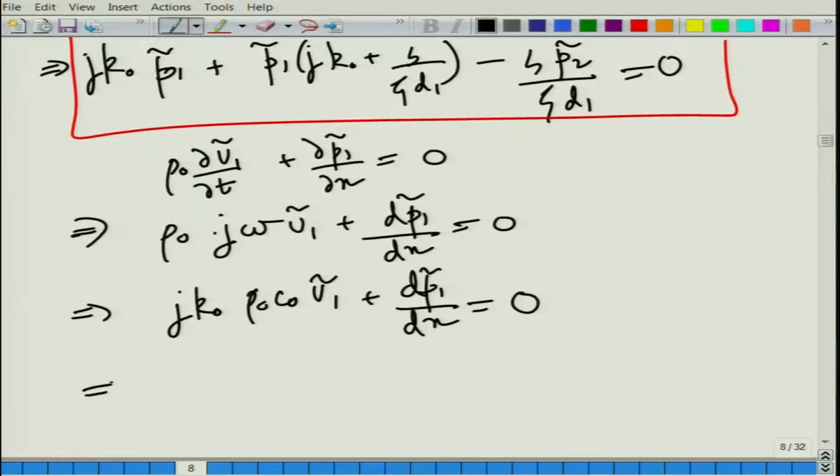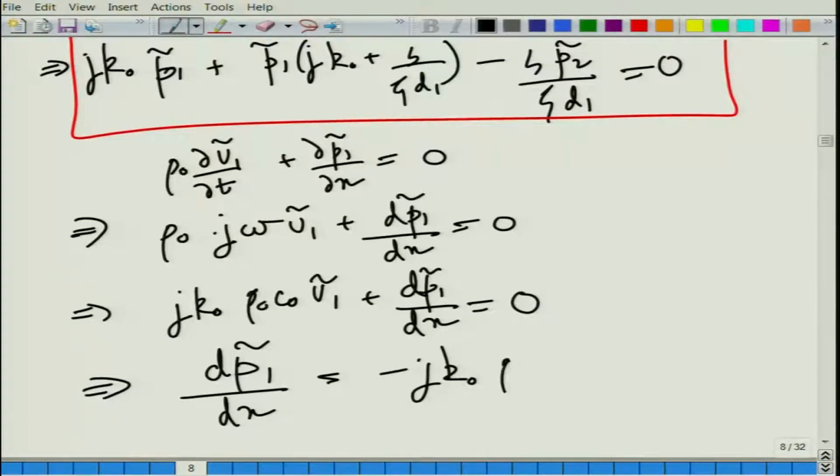Okay. So, basically we are ending up with the same momentum equation, which can be written in the following form, which is d P 1 by dx is equal to minus j k naught times rho naught C naught u 1 tilde. We can just box this.